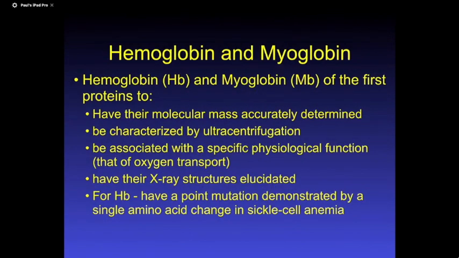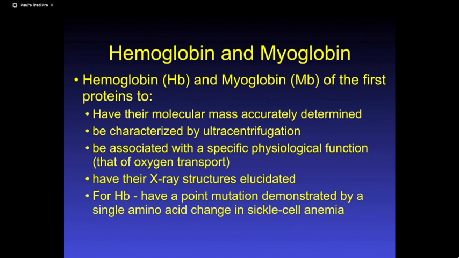The two proteins that are the typical example are hemoglobin and myoglobin. All right, both of these proteins were some of the first proteins to have their masses accurately determined. They're characterized by ultracentrifugation. These are one protein in which a specific biological function was associated to it.